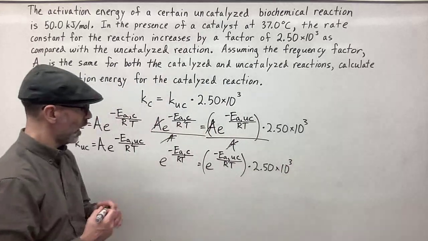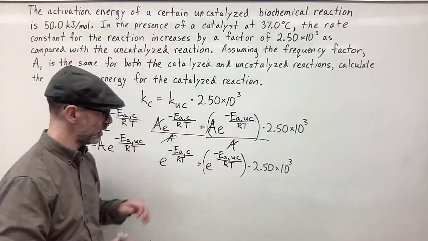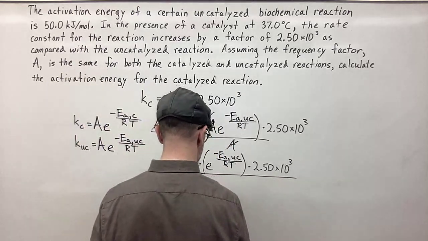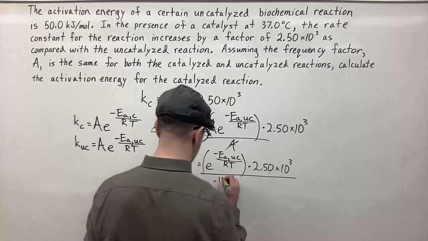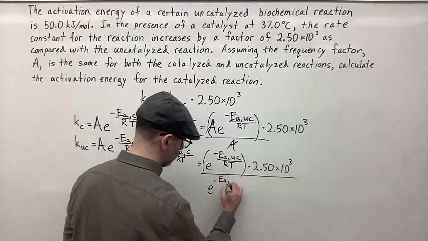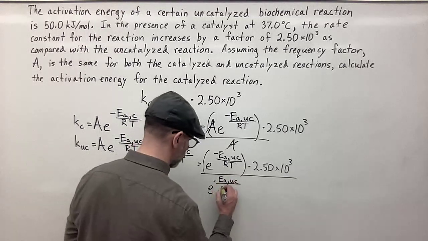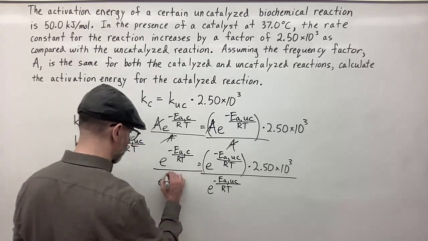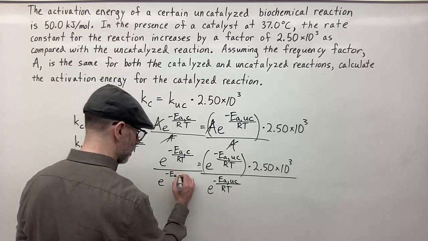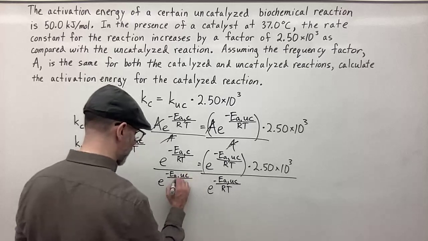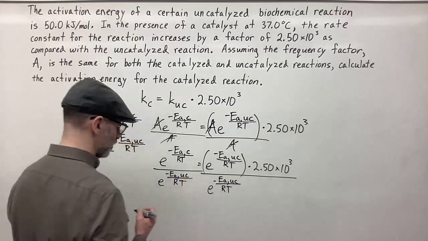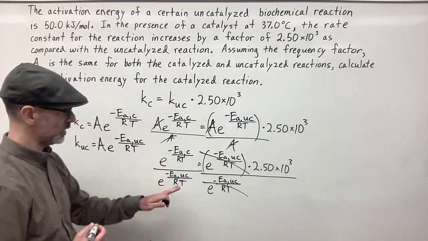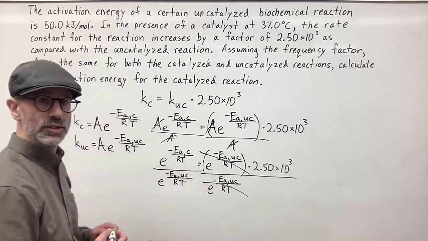Now, we can simplify this. Let's divide both sides by E raised to the power of the negative activation energy of the uncatalyzed reaction over RT, and we'll divide the other side by the same. Okay, so this cancels out, and then I end up with this equal to this.